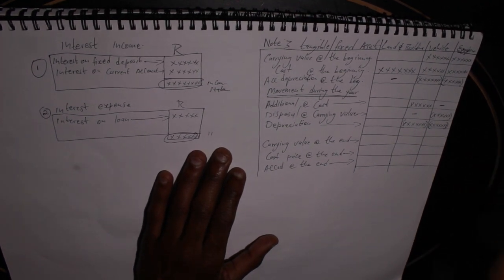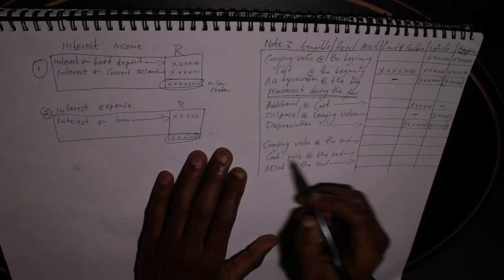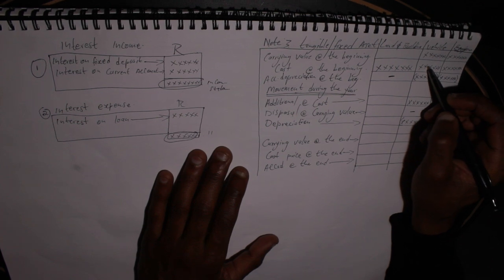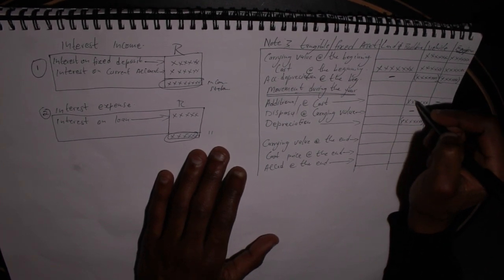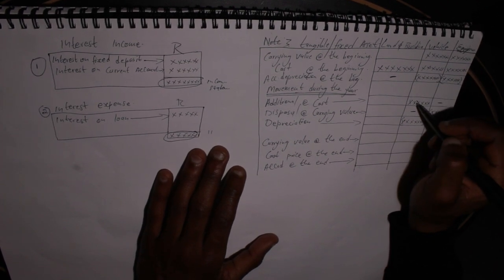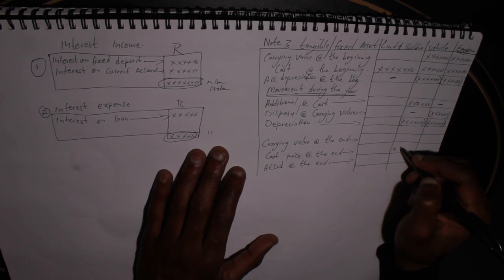Now let us focus on vehicle. Now we want to know the cost price at the end. What will happen is that we'll take the cost price at the beginning. Then we're going to add the cost price during the year. Are you with me? Cost price at the beginning plus additional cost during the year. Then this will give us the cost price at the end.